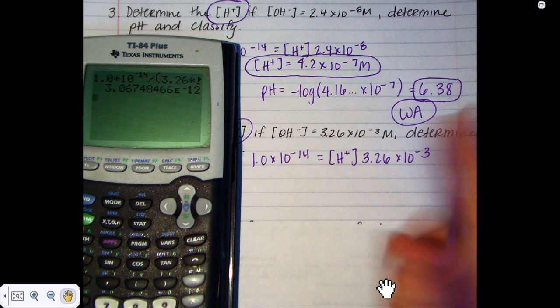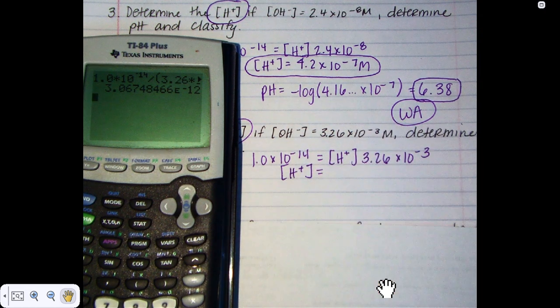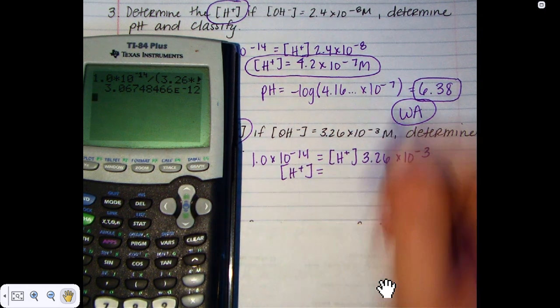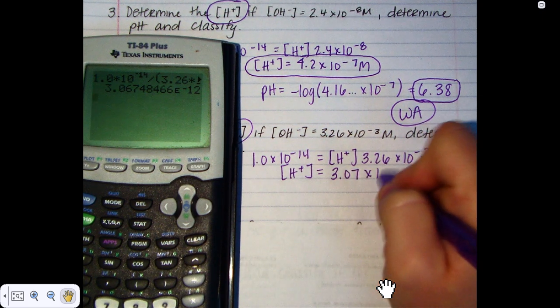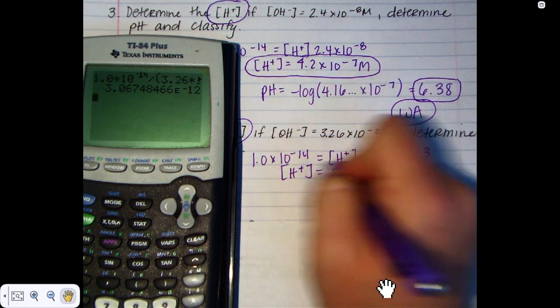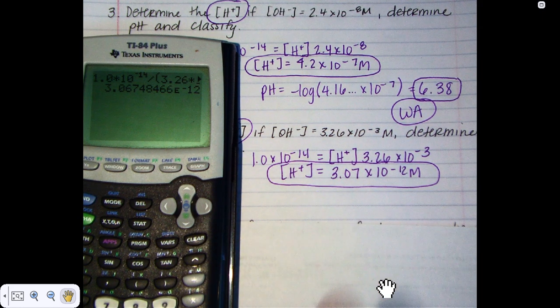All right, 3 sig figs, so I can keep 3 here. The concentration of H plus is equal to 3.07 times 10 to the minus 12th molar. And again, the number in my calculator is H plus. When I negative log that, that is pH. I don't need to do anything extra.